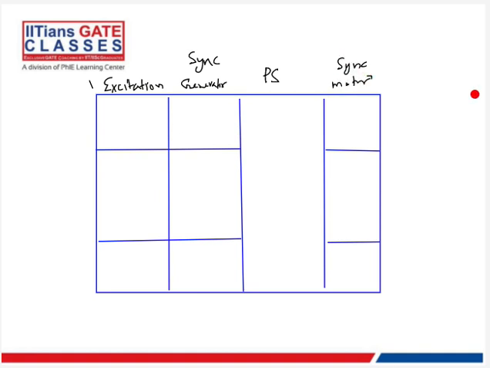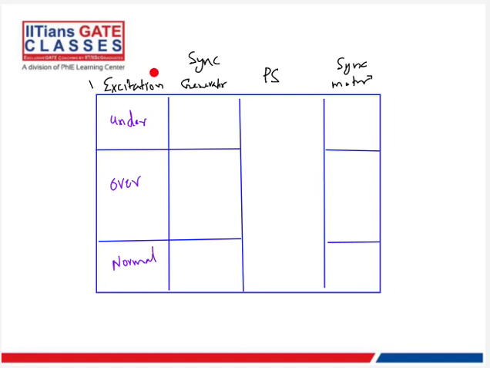We are going to look at three different conditions: this is under excited, this is over excited, and this is normal.